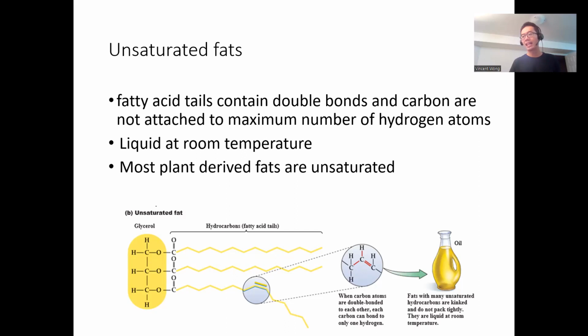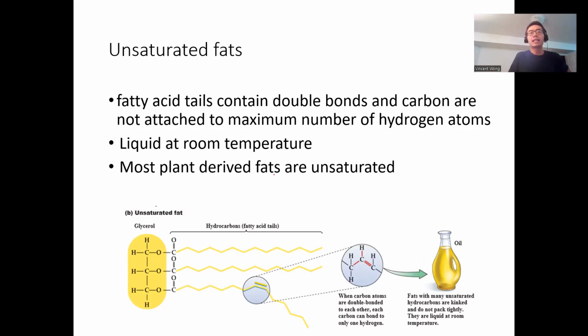You have to have at least one unsaturated fatty acid. You can have two or you can have three. The more you have on the molecule, the healthier it's going to be. If all three tails are unsaturated, then we call it a polyunsaturated fat. That's supposed to be the healthiest of the different kinds of fat.